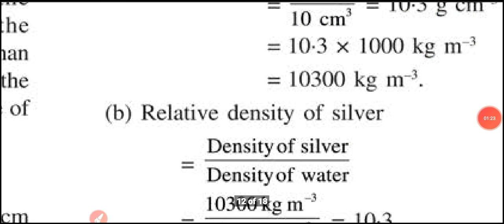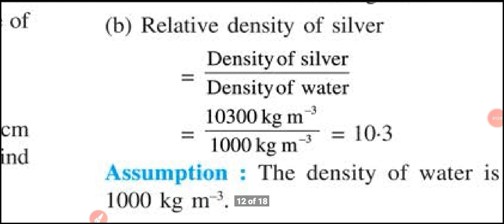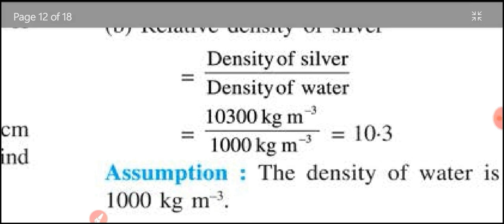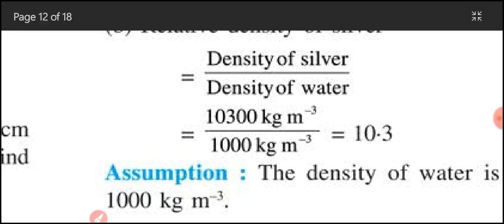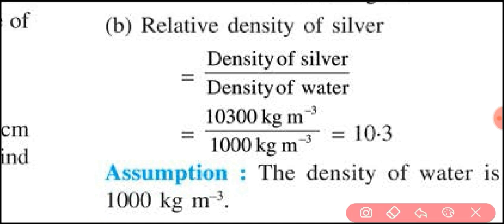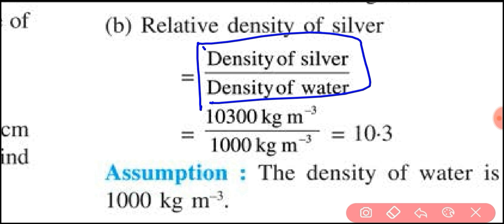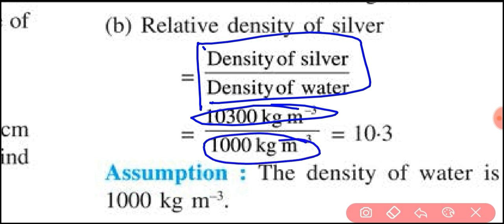Now we have to find out relative density of silver. The formula is density of silver upon density of water. Density of silver, we have already found in the first case, that is 10,300 kilogram per meter cube. The density of water, that is 1000 kilogram per meter cube, this point we have already discussed in the theory part.